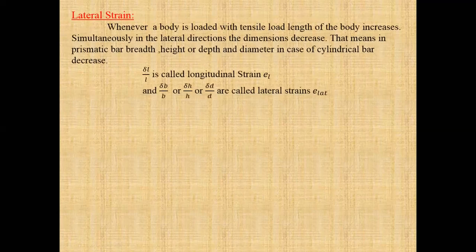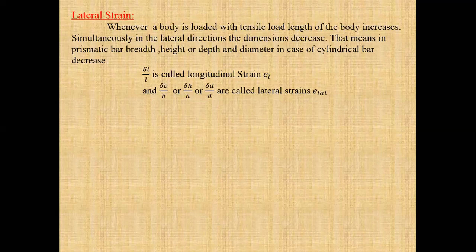So here, the lateral strain we already discussed in the previous classes. Whenever a body is loaded with a tensile load, the length of the body increases. We call that longitudinal stress or longitudinal strain. Simultaneously, if a tensile load or axial load is applied along the length, the length increases.